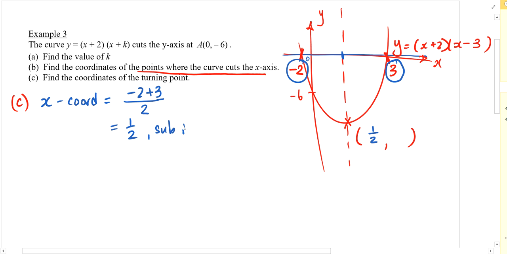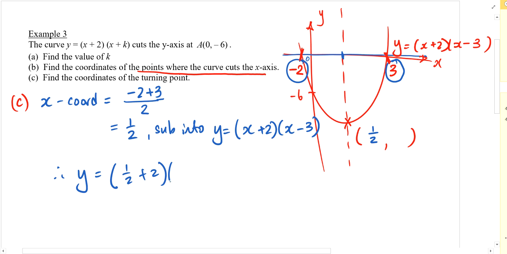Sub into y equals (x + 2)(x - 3) to get the y coordinate. So y will therefore be equal to (1/2 + 2)(1/2 - 3). And that results in -6.25, or rather -6 and 1/4. So the y coordinate will be -6 and 1/4.